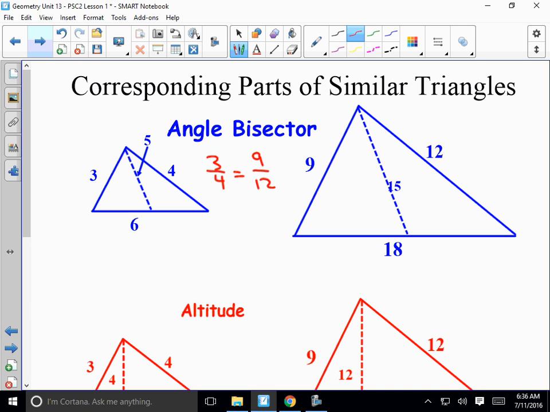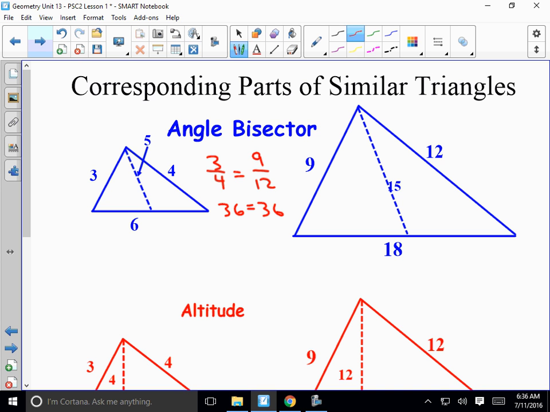So 3/4, 9/12, we cross multiply and we get 36 equals 36. Now we could also test with the 6 and 18 to make sure that these triangles are side, side, side similar. But now using that first ratio, we're well on our way to proving that these triangles are similar.